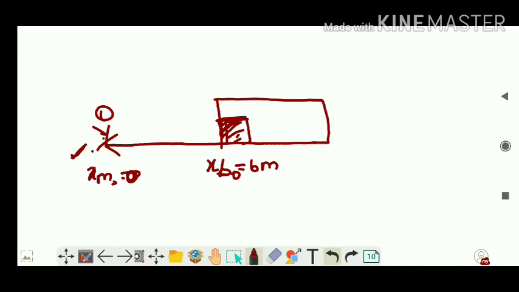Is that much clear, right? Now the equation of motion of the man, how can I write the final position of the man? What will be the final position of the man? Actually, it will be when he catches the bus. That means the final position of the man and the bus will be the same, right? See, the bus was running, and this person is running with a constant velocity of 4 meter per second, meaning his acceleration is 0.